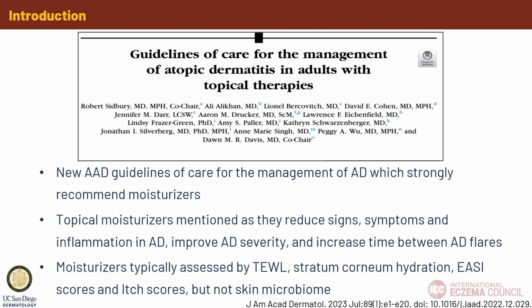Moisturizers are widely recommended for safeguarding the skin barrier, as well as reducing the signs, inflammation, and symptoms in patients with atopic dermatitis. Their effects are commonly assessed by measuring transepidermal water loss, EASI scores, itch levels, and hydration levels, but typically not by studying the skin microbiome.